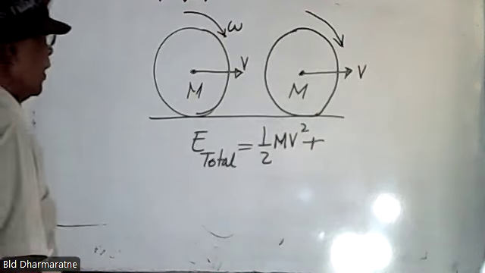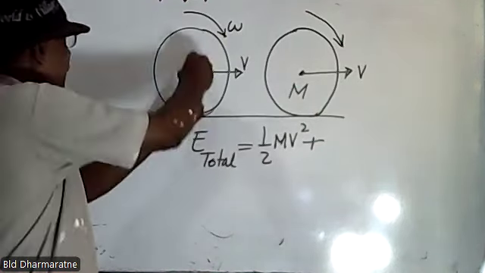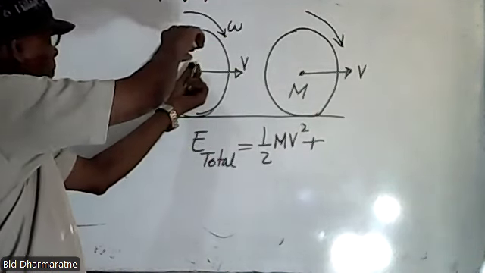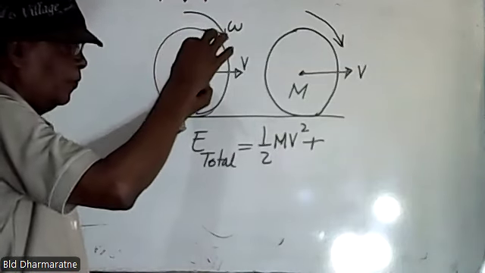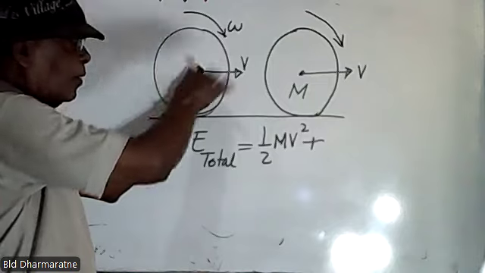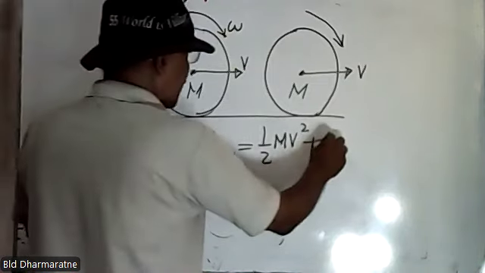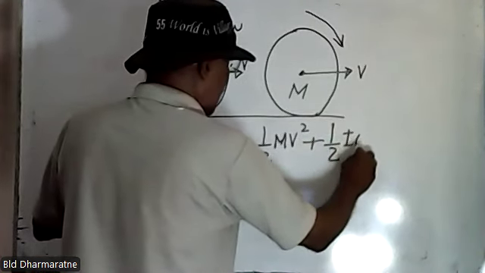The axis is perpendicular to the plane of the wheel through the center, with moment of inertia I, so the rotational kinetic energy is half I omega squared.